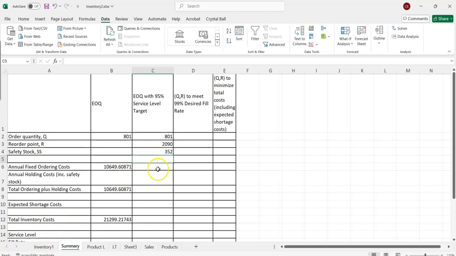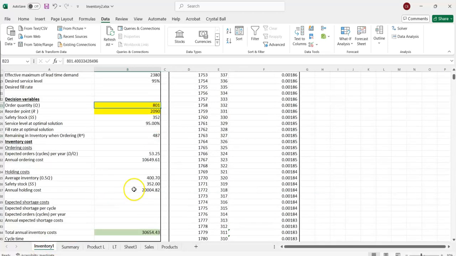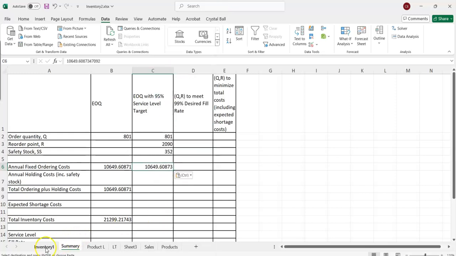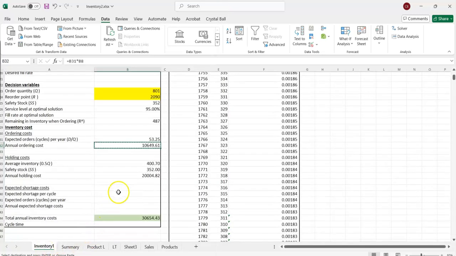Our fixed ordering costs are 10,649.61. That's the same as the EOQ. And then our holding costs are higher because our holding costs also capture holding costs for the safety stock.